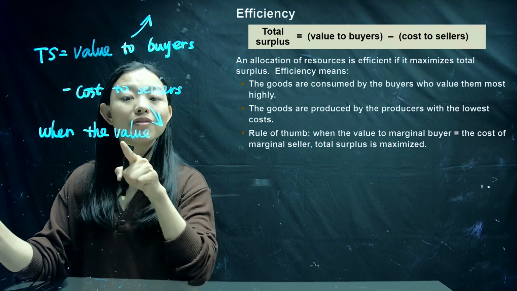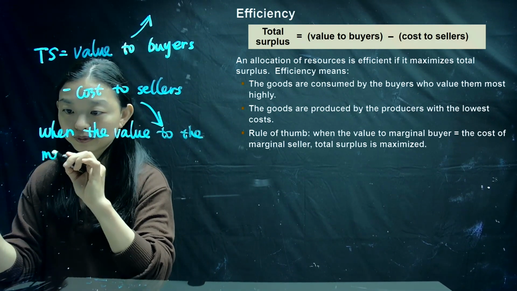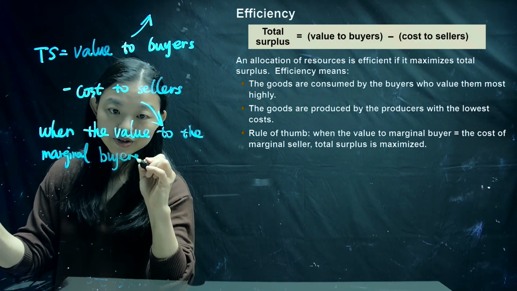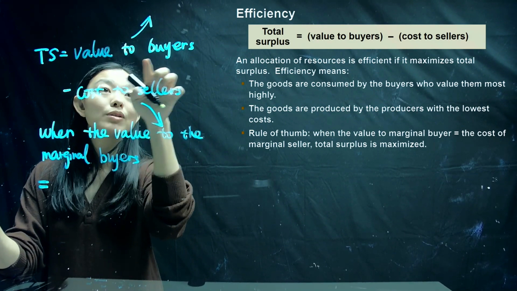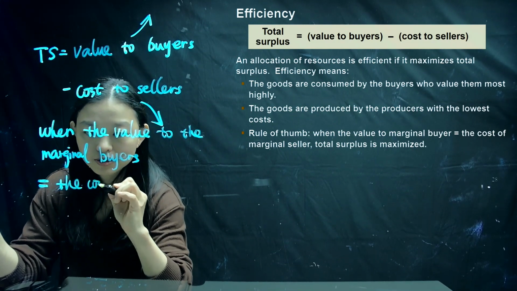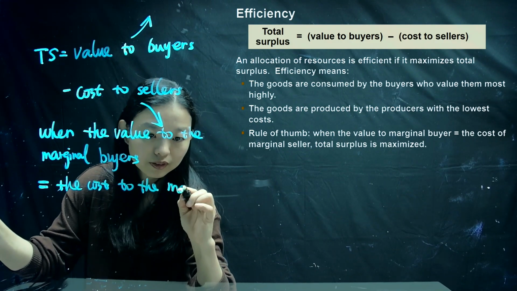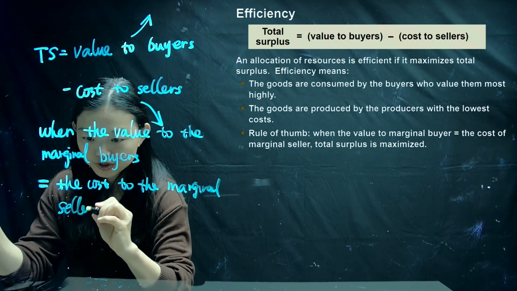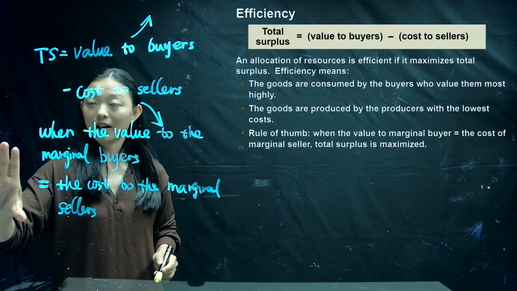This is important: when the value to the marginal buyers equals the cost to the marginal sellers, then the total surplus cannot increase anymore, right?